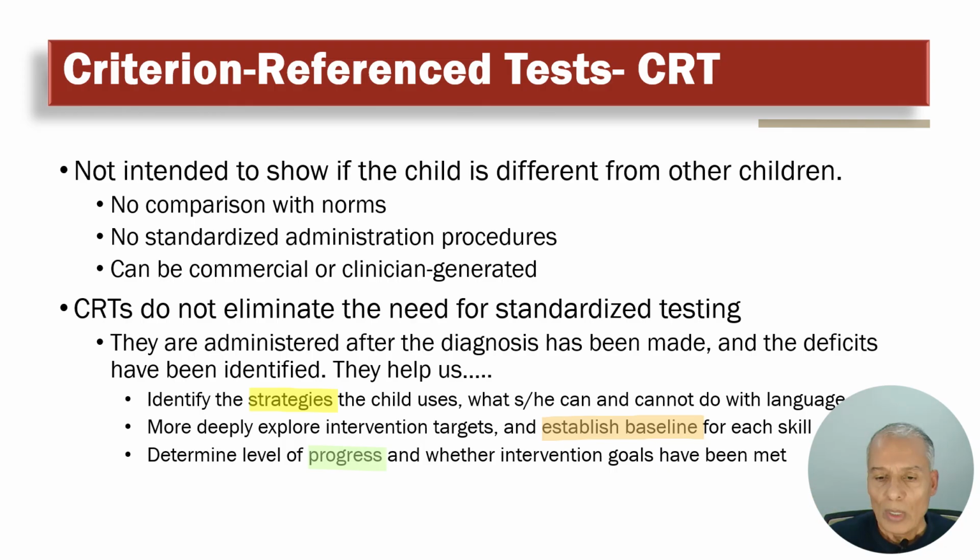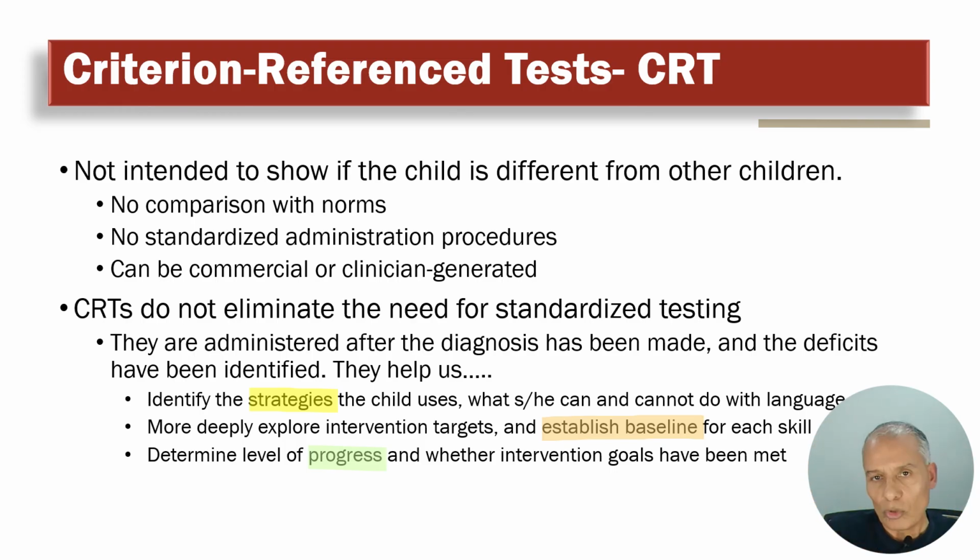And then you also see the level of the child at that level, and you can get a baseline. Say vocabulary knowledge, the child was able to identify 4 out of 10 vocabulary words that are randomly selected for his age. So that is your baseline.